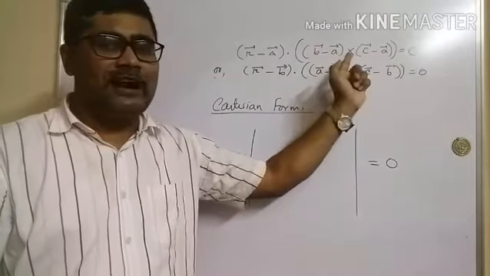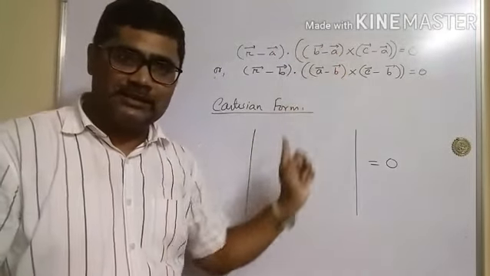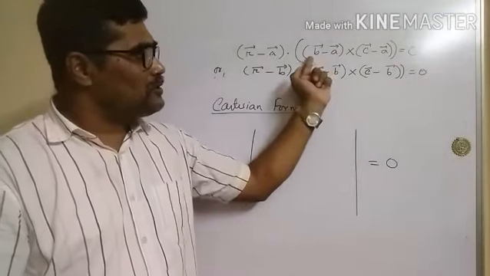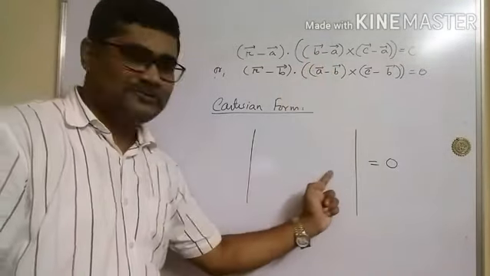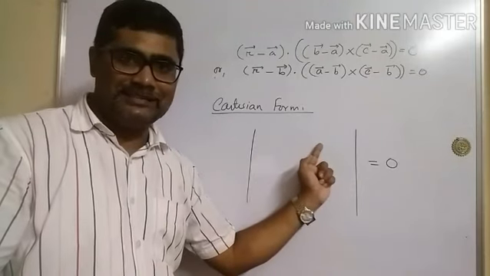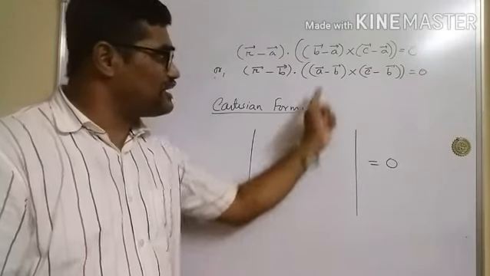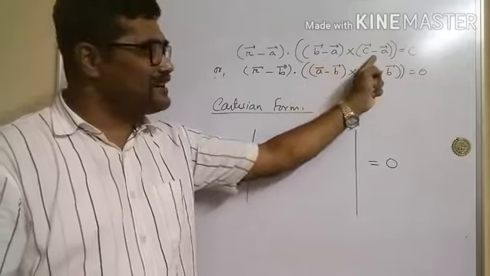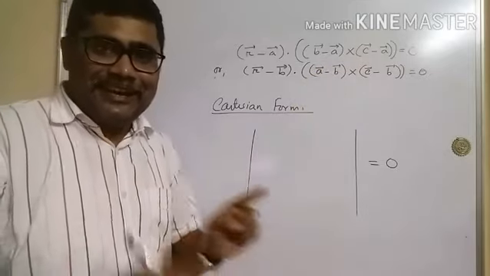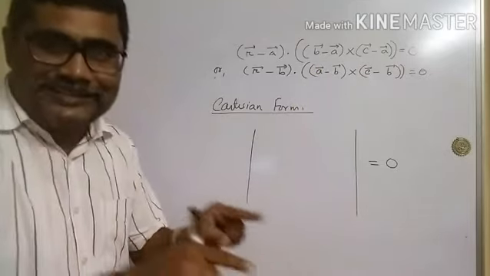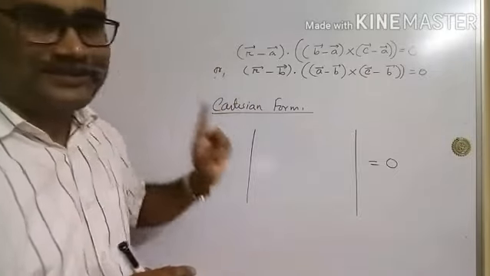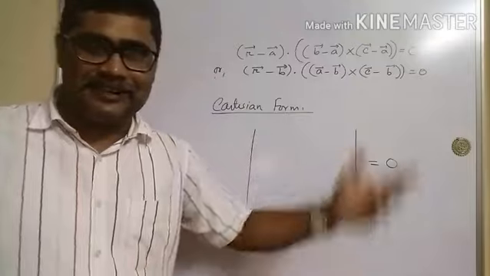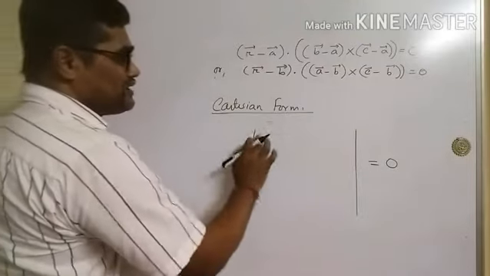If I ask you to write the cross product in determinant form, where will the components of this go? In the second row, because the first row is occupied by i, j, k. Second row will contain the components of this. Third will be here. And as there is a dot product, i, j, k cap will be replaced by components of this, and that will be in the first row. Done.